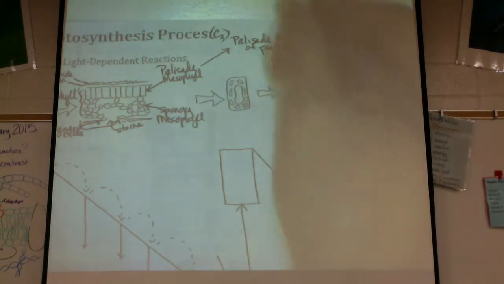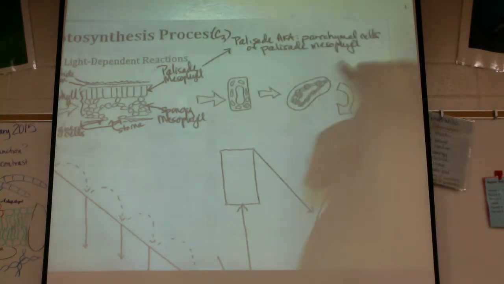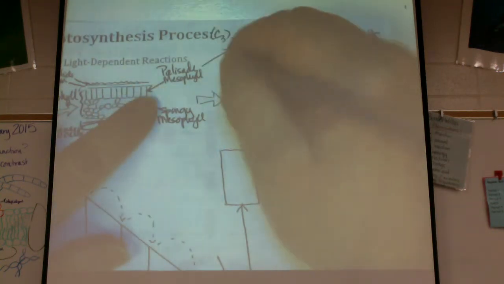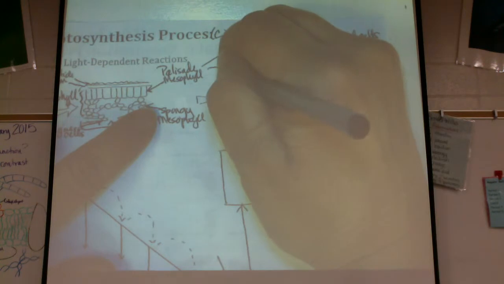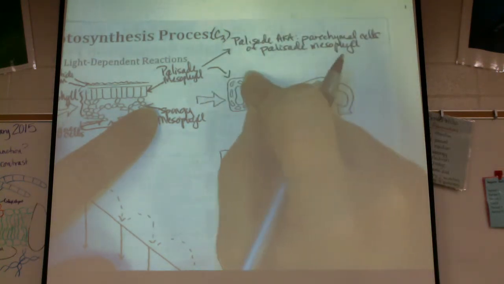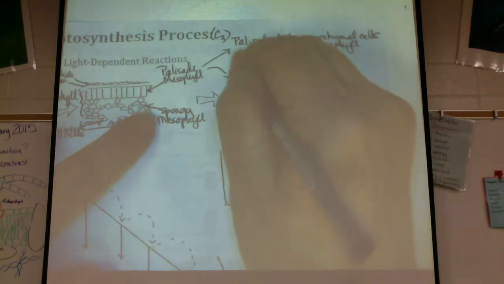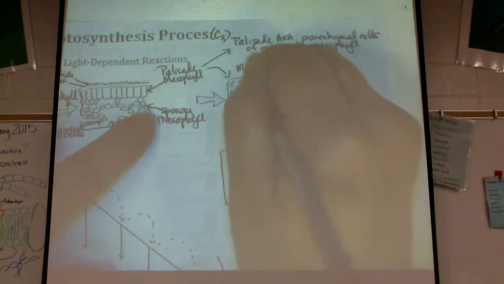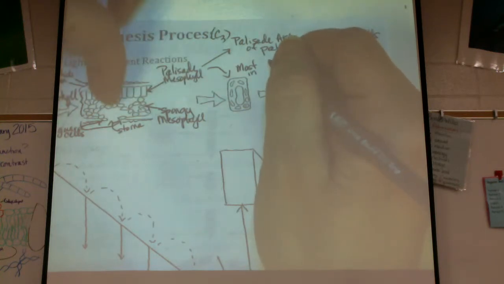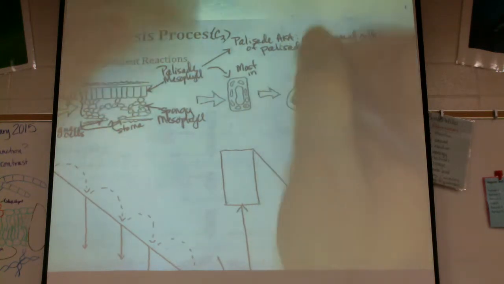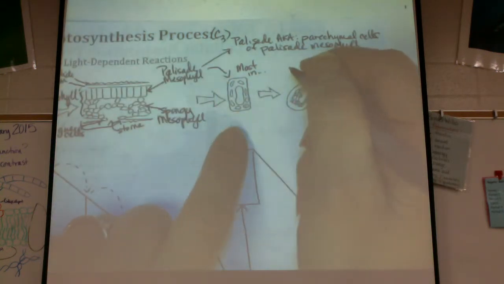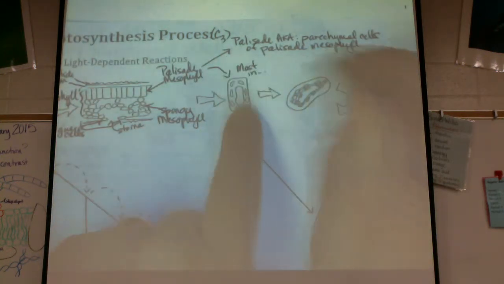Most of the photosynthesis happens there. It is a columnar cell. Some photosynthesis will occur in the spongy mesophyll cells, but the majority is happening in this palisade mesophyll, this columnar cell.